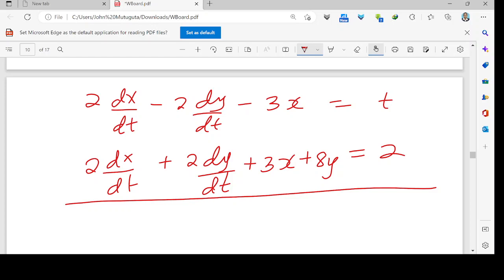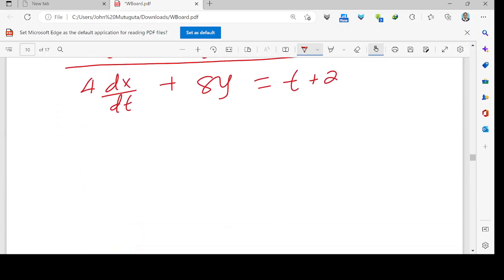So I'm going to add them. I get 4 dx by dt, minus 2 dy dt plus 2 dy dt is 0, minus 3x plus 3x is 0. So I'm going to get 8y is equal to t plus 2.